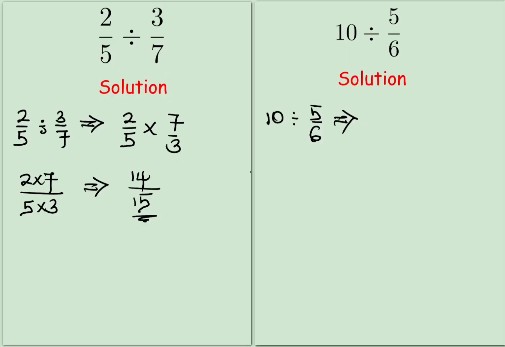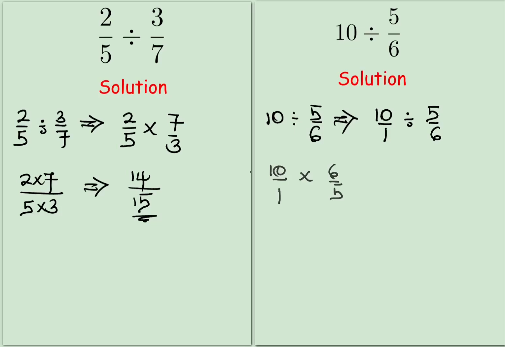So the 10 can be written as 10 over 1, then divided by 5 over 6. Then it becomes the usual problem we know. So we keep our 10 over 1, change our division to multiplication, and then we find the reciprocal of this fraction, that is 6 over 5.